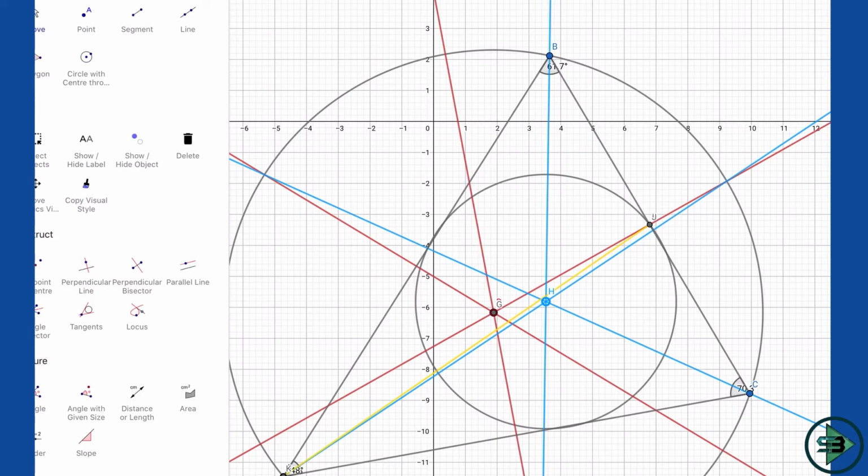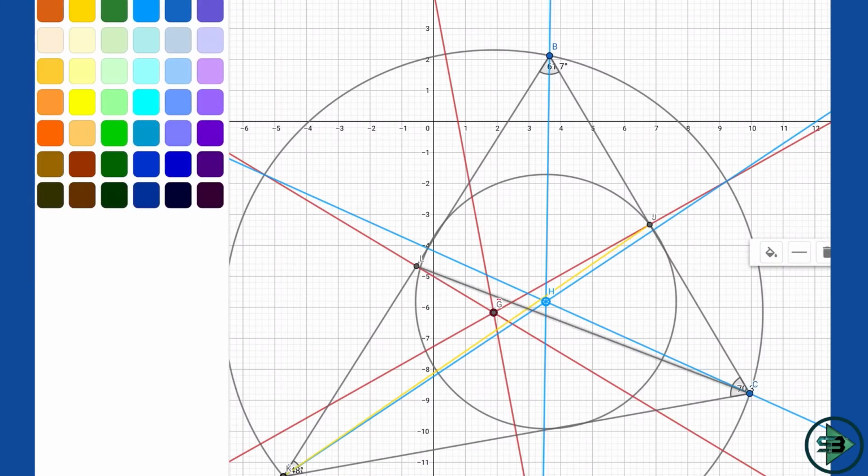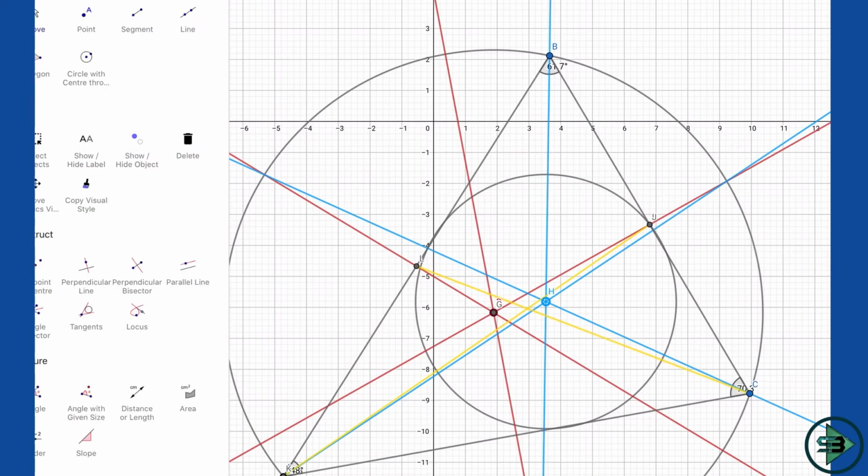Now let's take the midpoint of this as well. I am taking the midpoint of this, which comes out to be L. Now draw a line from here to L, and let's again make this a yellow line. That is the second part. Let's take the third one, which will be this, and then this.